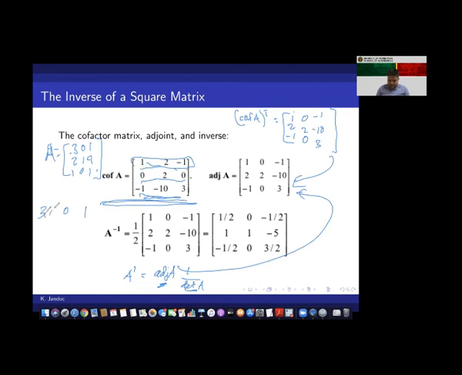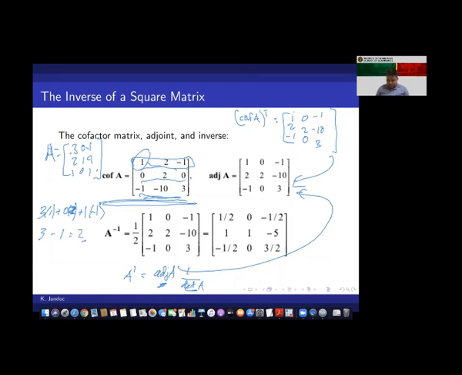So 3 times 1, 0 times 2, and then 1 times negative 1. You sum all of that, so it's 3 plus 0 minus 1, which is equal to 2. So the determinant is 2.